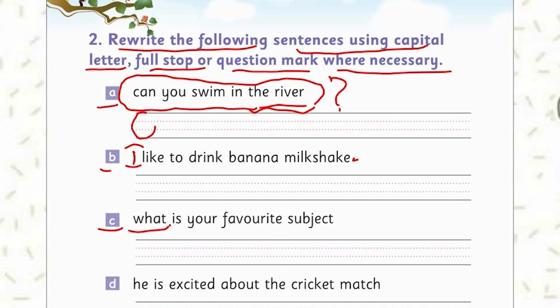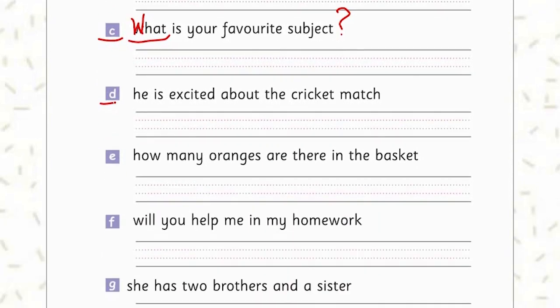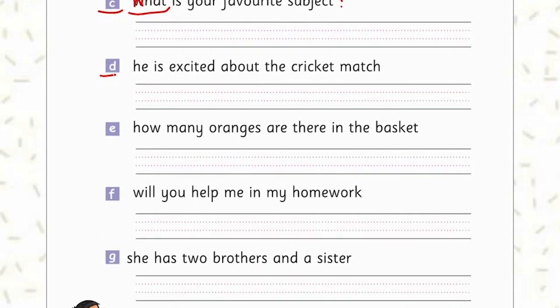The W should be capitalized because it is the start of the sentence, the first word here and the first letter. And it is in question form, so there should be a question mark. D. He is excited about the cricket match. The H should be capitalized here. Yes. The full stop here.